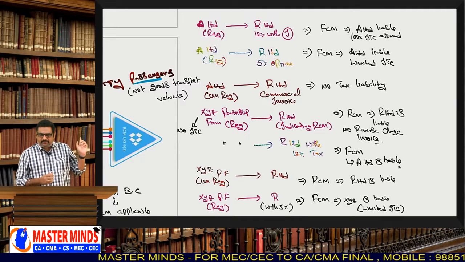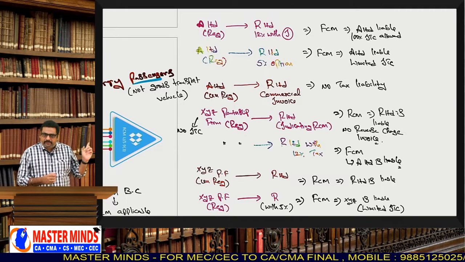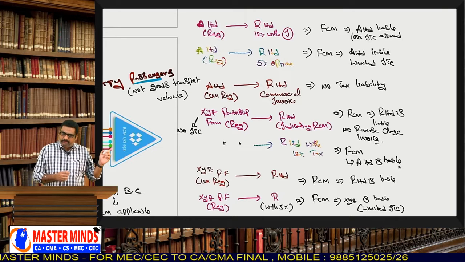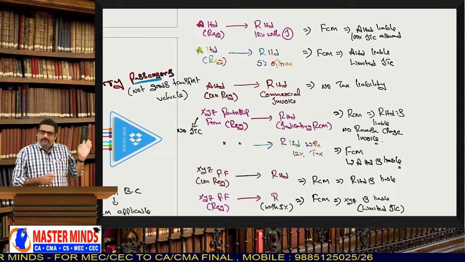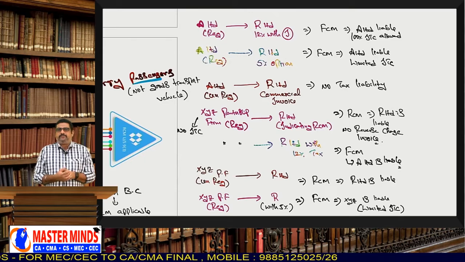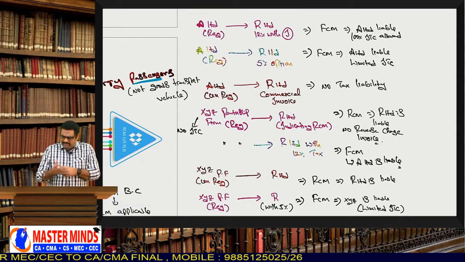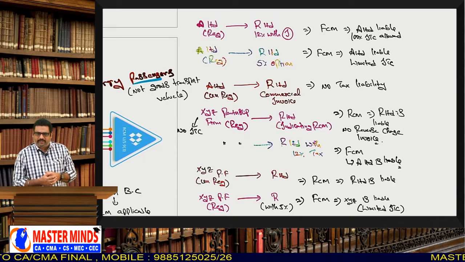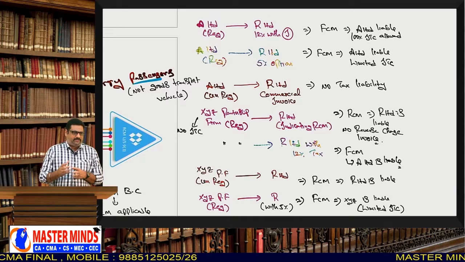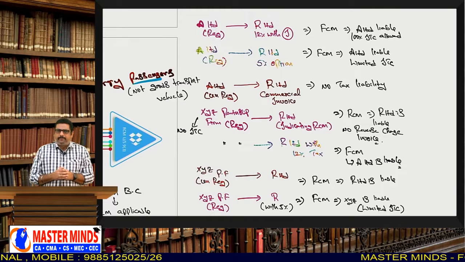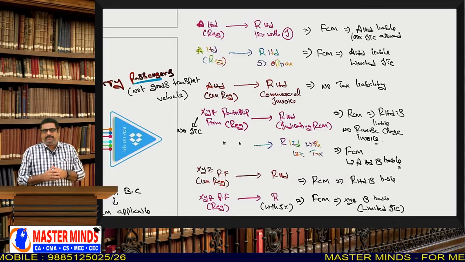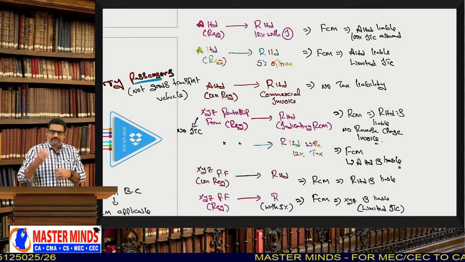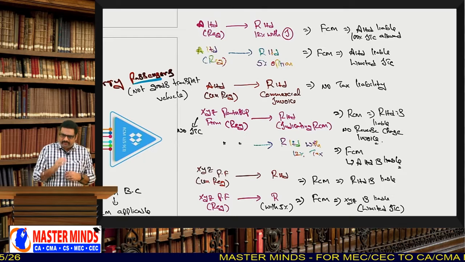Here A Limited is a registered person. Therefore, FCM is applicable and A Limited is liable to pay the GST. Whereas this A Limited is following the 5% option, that's why limited ITC can be claimed. That means in order to claim the ITC, they must be in the similar line of business and all these things. We just discussed them in the May 2020 attempt itself.